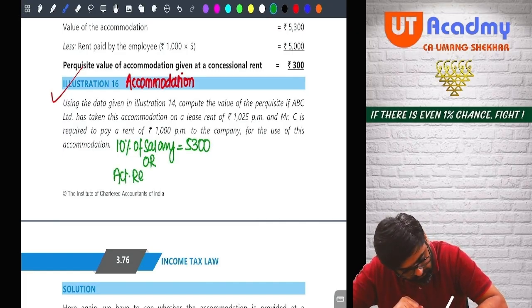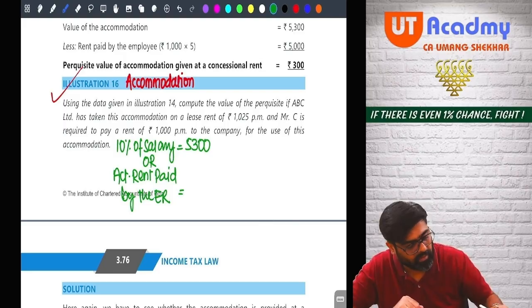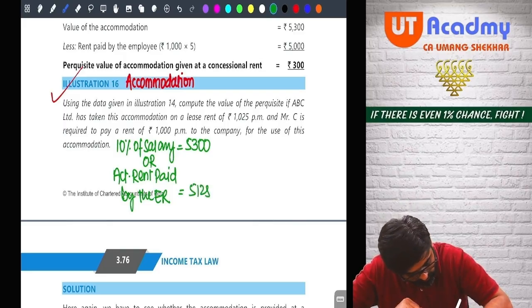Or actual rent paid by the employer, and that is 1025 into 5 will give you 5125. Now whichever is lower, this lower amount is 5125, this value will be taxable.